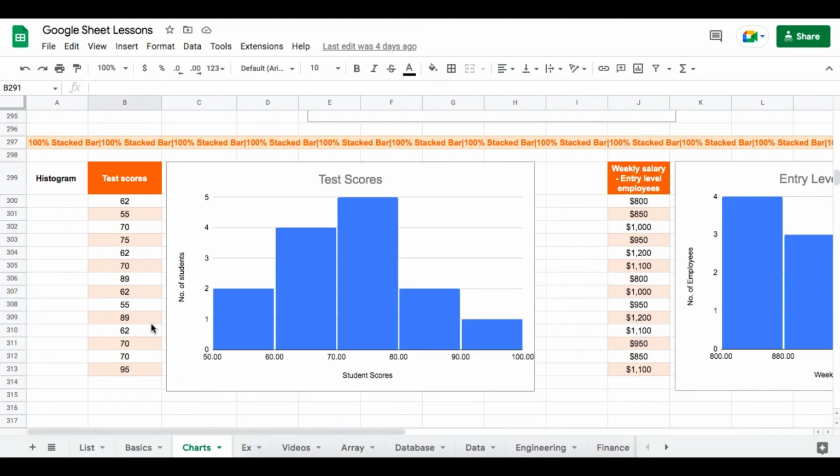And now the last graph is the histogram graph, which is also known as a bell curve, distribution, or frequency chart. It is very common in statistics. Most of the chart is basically the numbers are in the middle. So in this case, all we have is one data point, which is the number of test scores from a student.